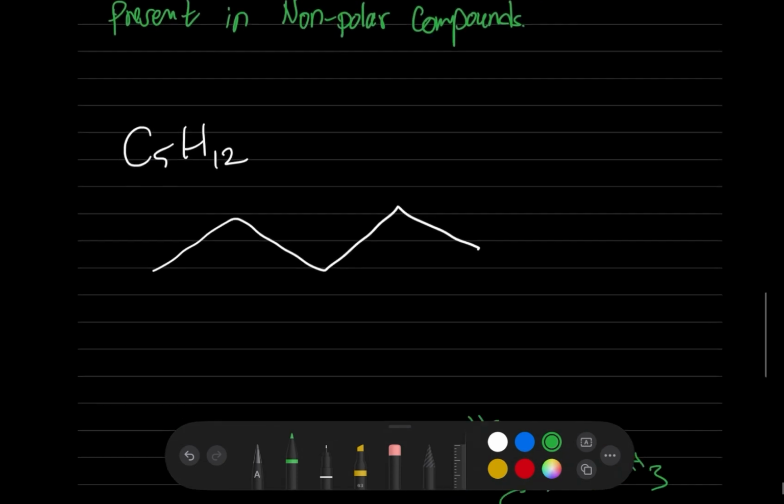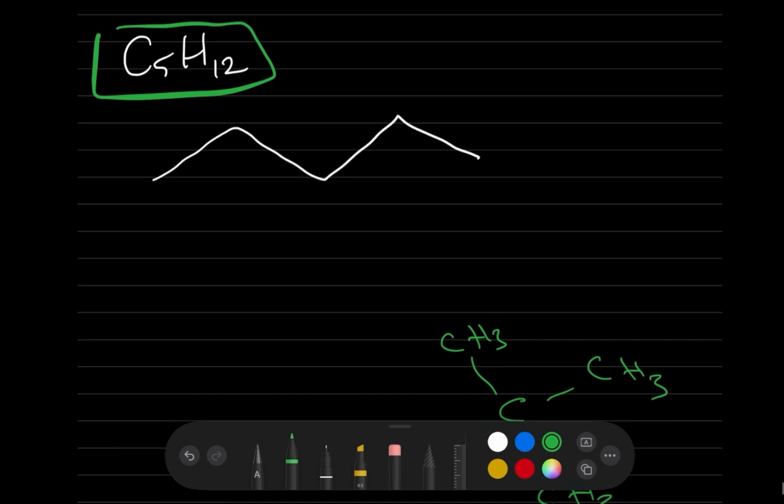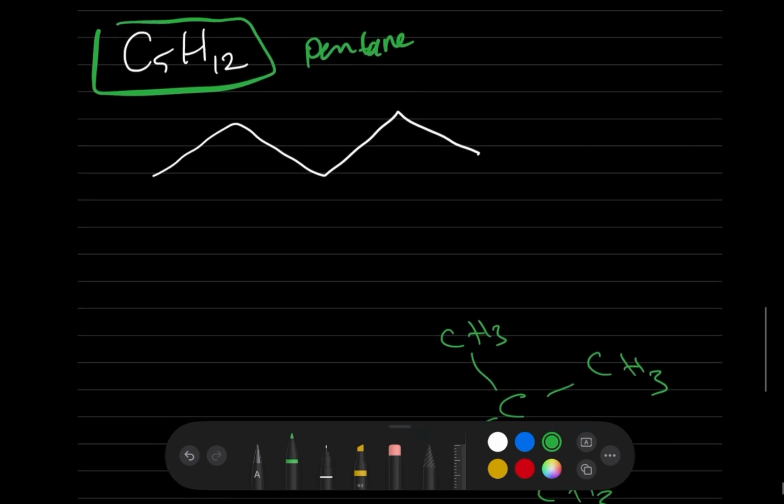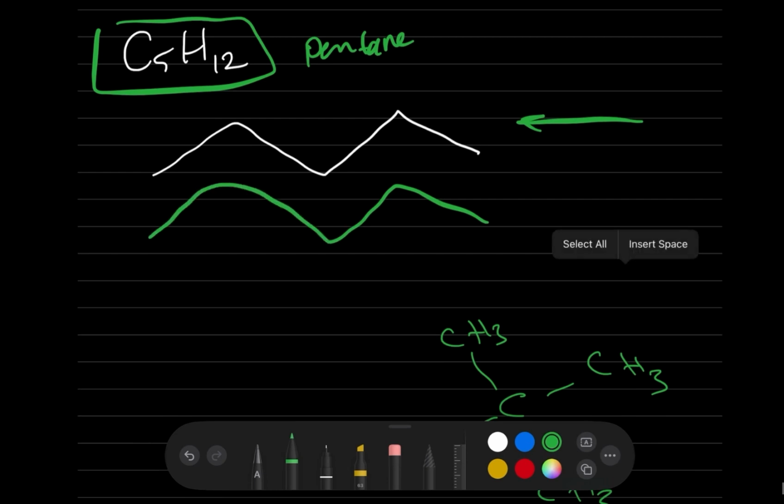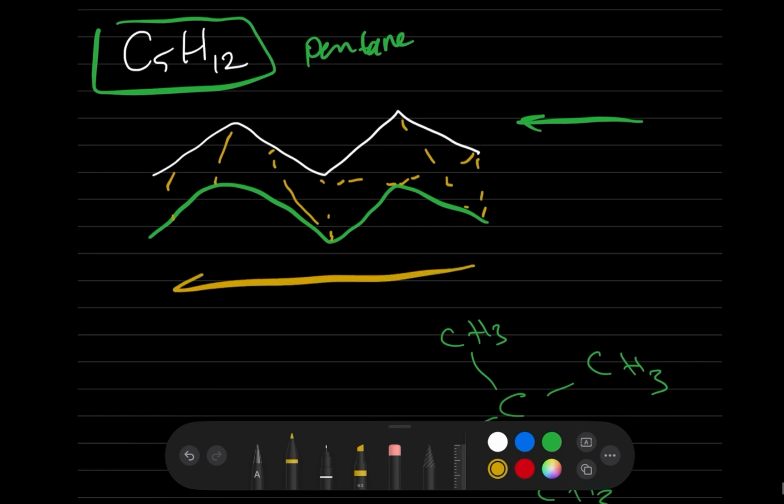I just want to explain this in terms of these two compounds. You have C5H12, which is pentane, and as we can see, we have pentane in a straight chain. We could have another molecule of pentane, and we find that we could have a lot of interactions between the atoms in these molecules, a lot of contact points, because it's a longer molecule.